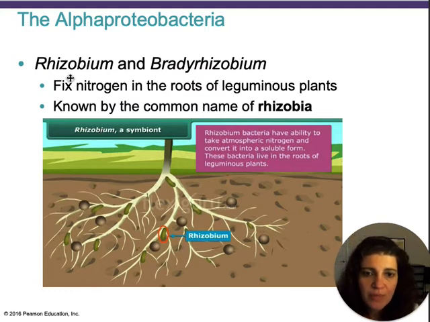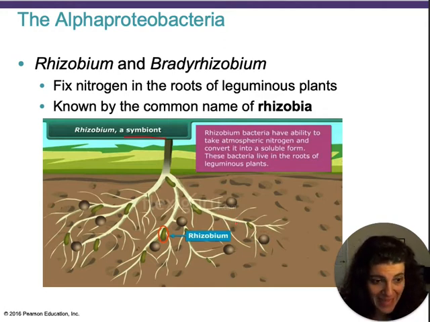So the rhizobium is not a bacterium that causes any disease. The rhizobium is a bacteria that likes to grow on roots of trees. So it's a symbiont. This bacteria is able to fix nitrogen in plants. And what does that mean?